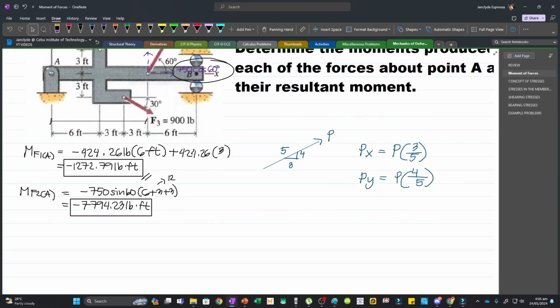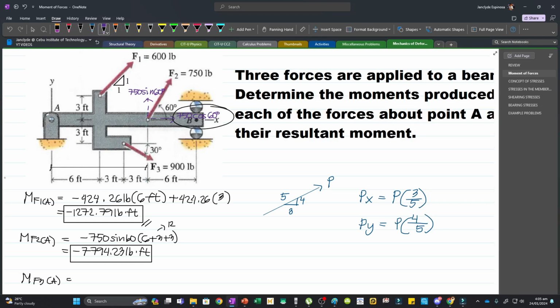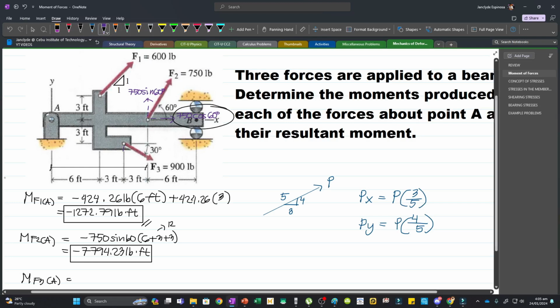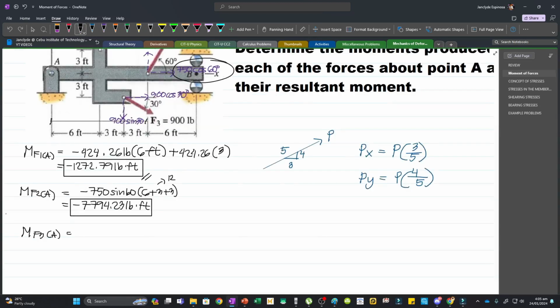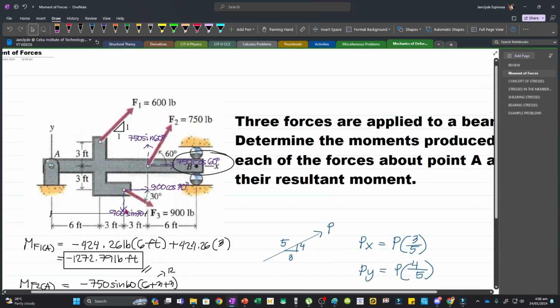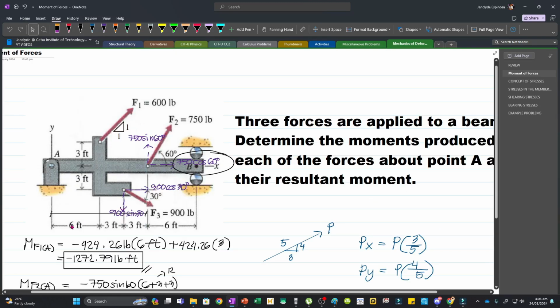And then for MF3 about A, we still have to resolve this one into components. And so we have a vertical component which is 900 sine 30, and then we have a horizontal component which is 900 cosine 30. And so taking moments about A, we have plus 900 sine 30. Again, we are considering this one and it will cause a clockwise rotation about A. And then the moment arm will be 6 plus 3, which is this distance.